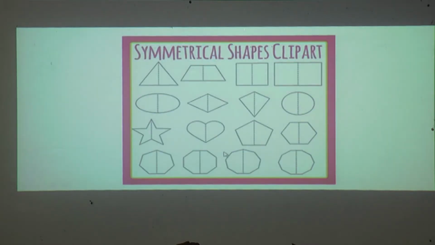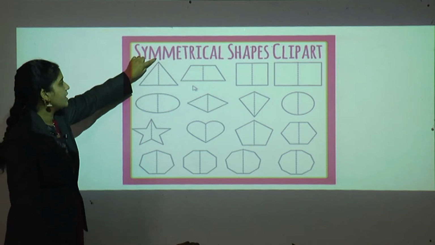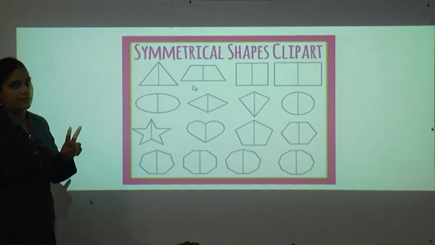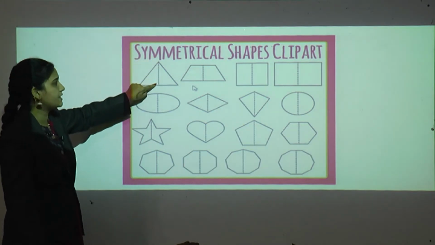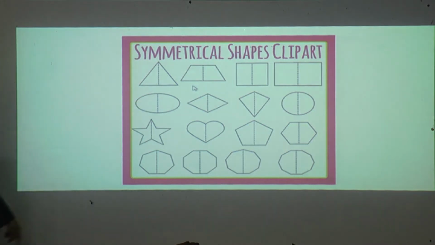Next, here are some symmetrical shapes. See carefully here. Here is a triangle, isn't it? The line divides the triangle into two equal parts. This line is called a line of symmetry, or we can say axis of symmetry also.